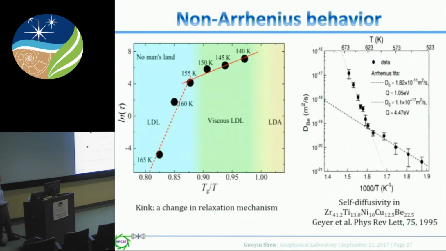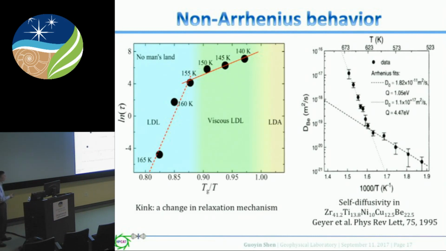Another thing is that we plot the characterization time against temperature. This provides a test of whether these growths follow Arrhenius behavior or not. And clearly, we see that there's a kink as the temperature is increased, somewhere around here. This kink is an indication of a change in relaxation mechanism.